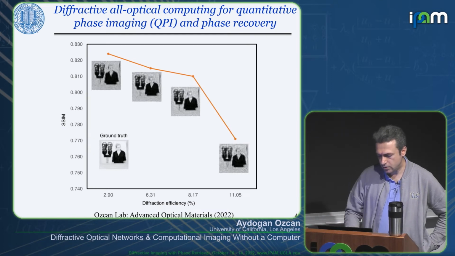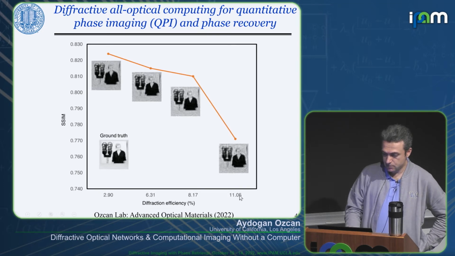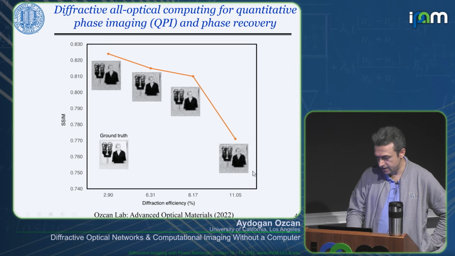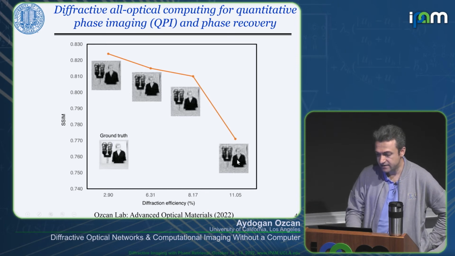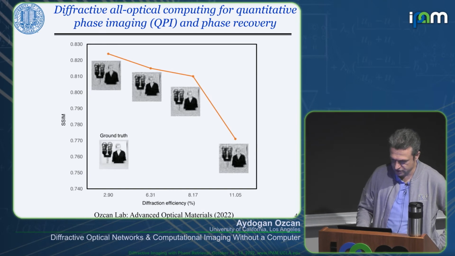Very much like holography, you also have a performance versus diffraction efficiency penalty, which means this is your trade-off. If you want to operate at very good image reconstruction, phase to intensity transformation, the diffraction efficiency goes down. If you want to increase it more than 10%, let's say, you have to live with some sacrifice in the approximation of the intensity for the phase features.